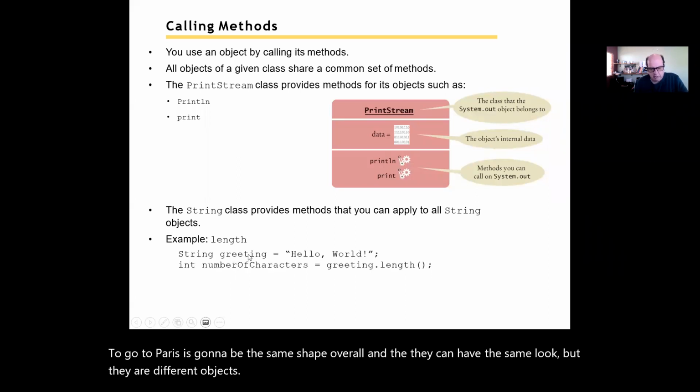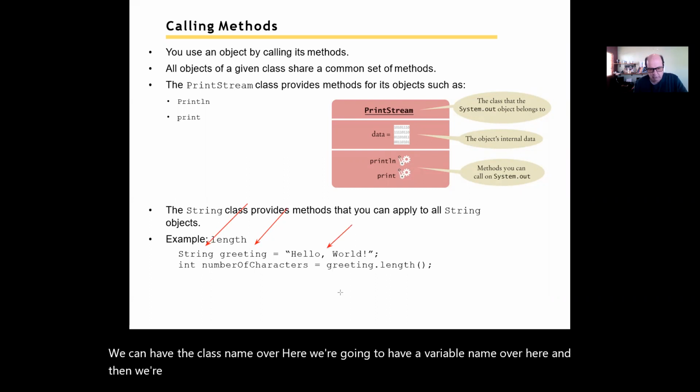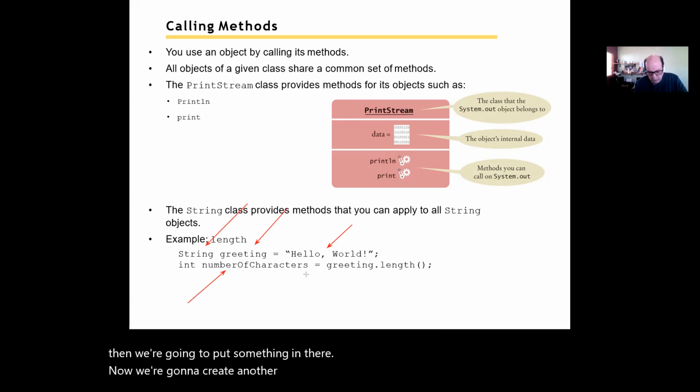So we're going to have a class name over here. We're going to have the class name over here. We're going to have a variable name over here, and then we're going to put something in there. Now we're going to create another variable, and you have to pay attention to this.